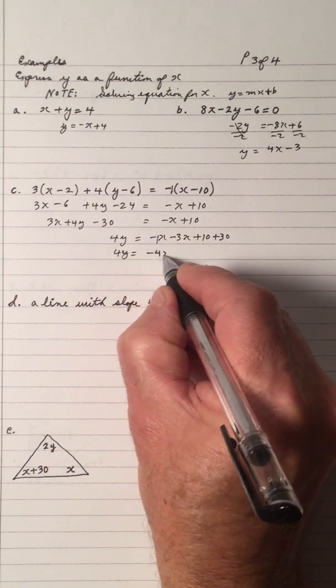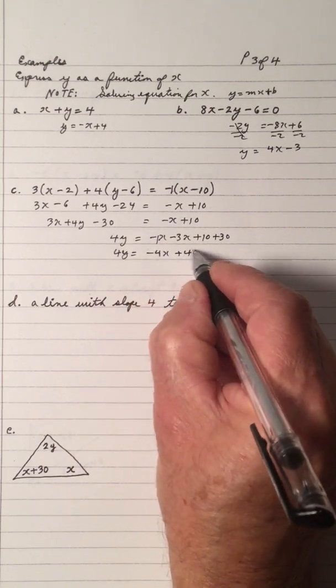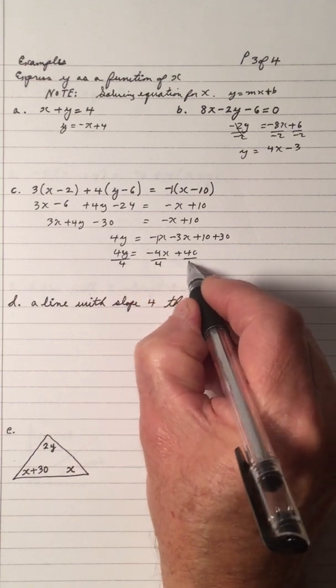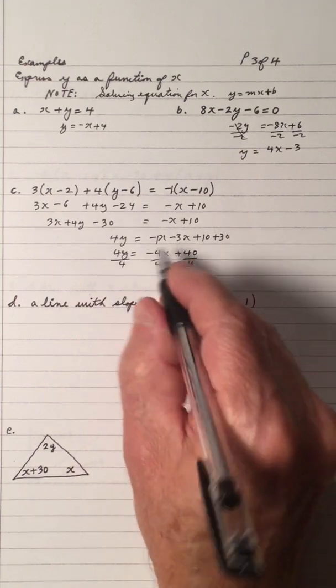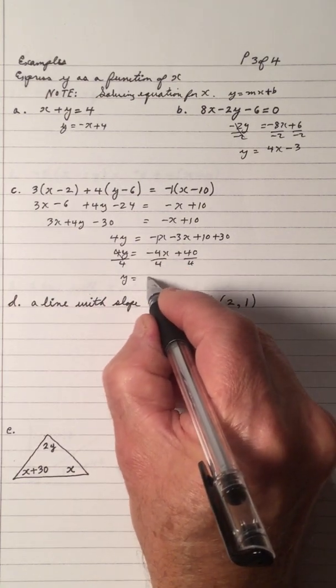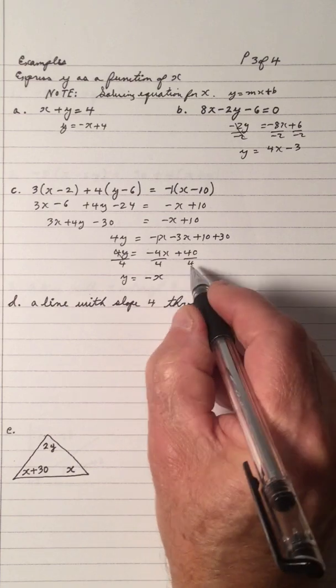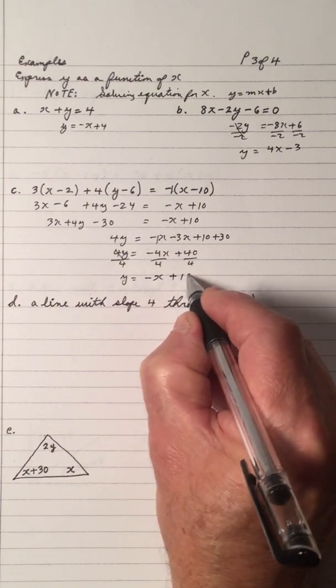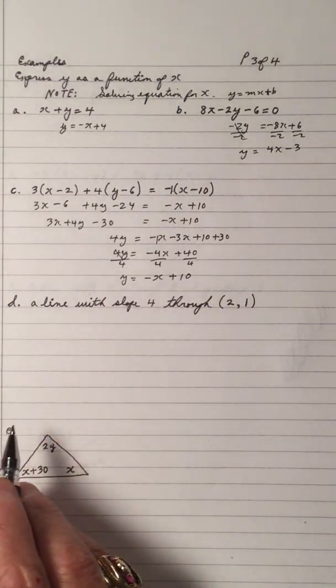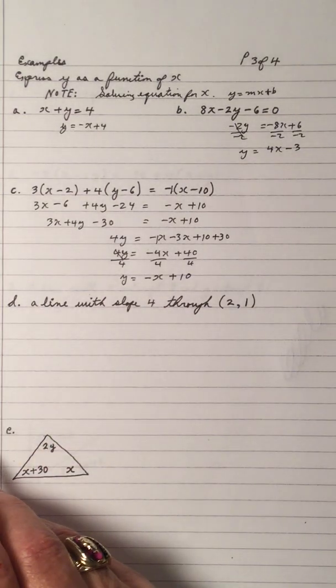Negative 3, that's a negative 4x plus 40. And we divide all the terms by 4 because we want y by itself. Cancels out. Negative 4 divided by 4 is negative 1x, or negative x, plus 10. So y is a function of x. The equation is solved for y.